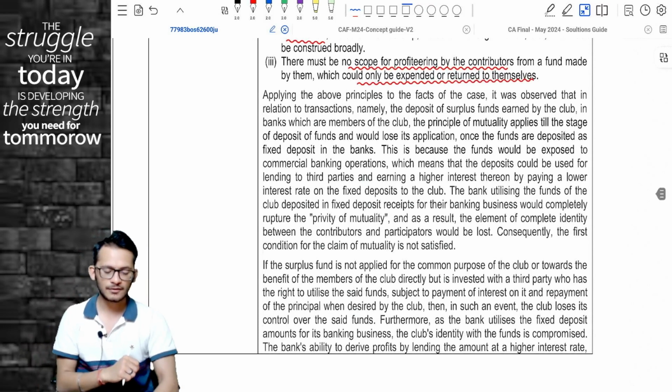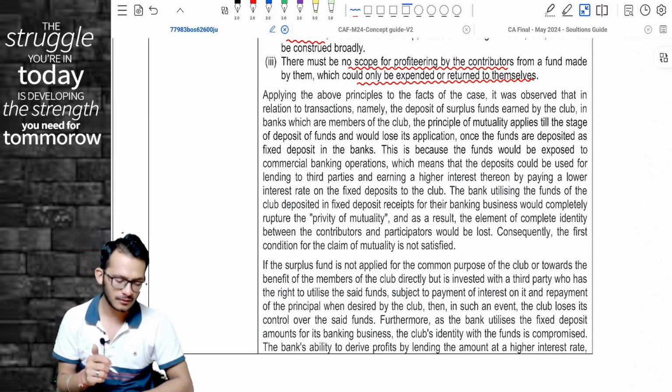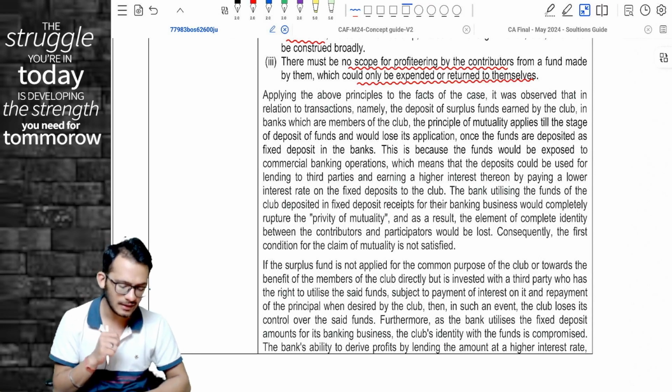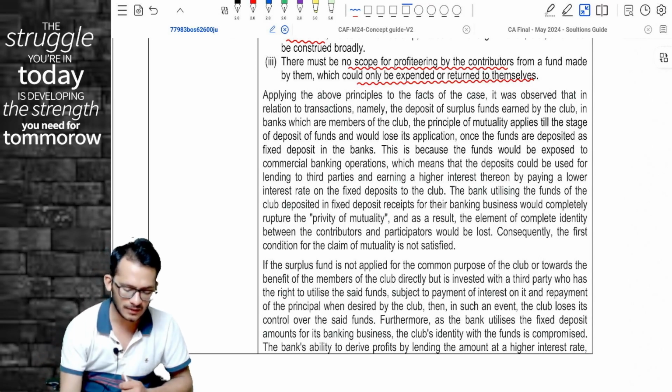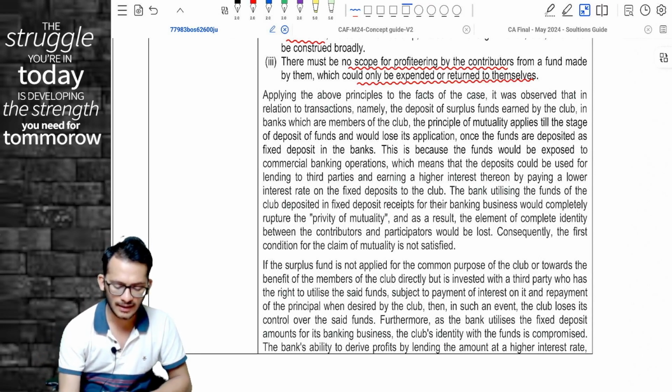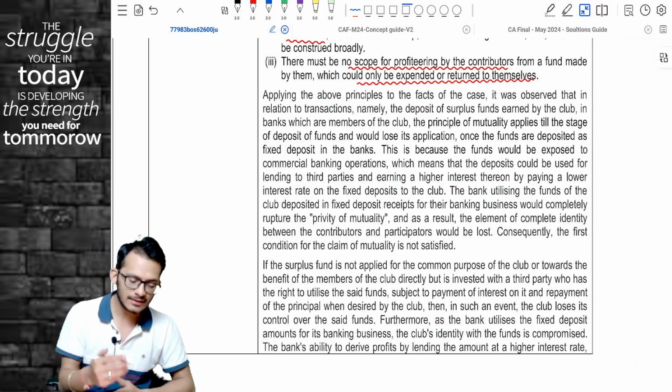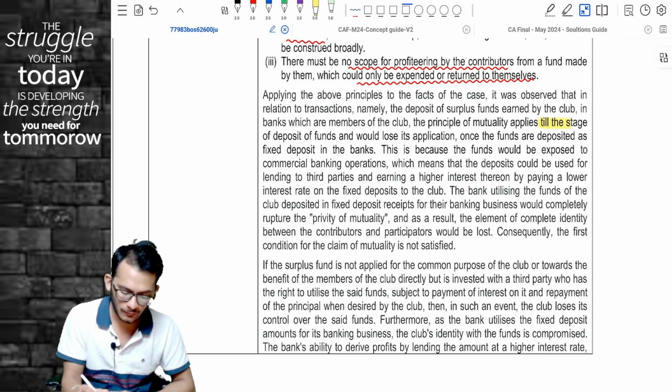Applying the above principles to the facts of the case, it was observed that in relation to the transactions, which is the deposit of the surplus funds in the banks which are members of the club, the principle of mutuality applies only till the stage of deposit of the funds.